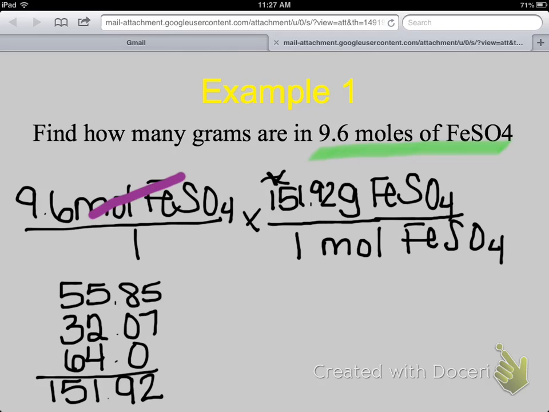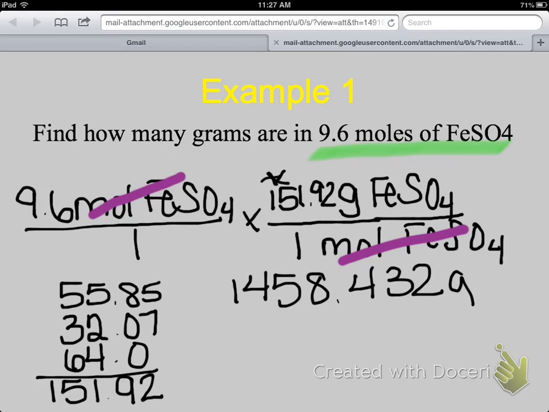Let's cancel out our moles so that we're left with grams, which is what we're trying to find. So we just have to do 9.6 times 151.92. When I put that in my calculator, I get something close to this. But let's go back to what we were given in the problem, 9.6. How many significant figures are in 9.6? 2, hopefully you said.